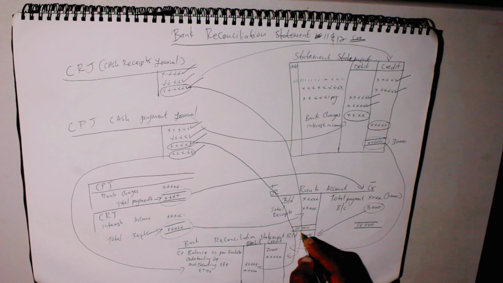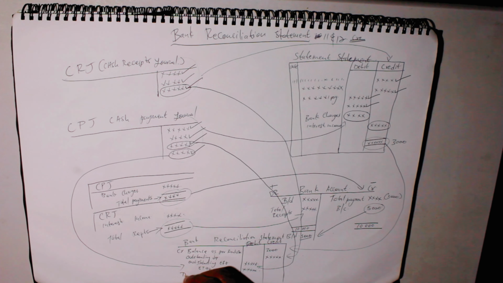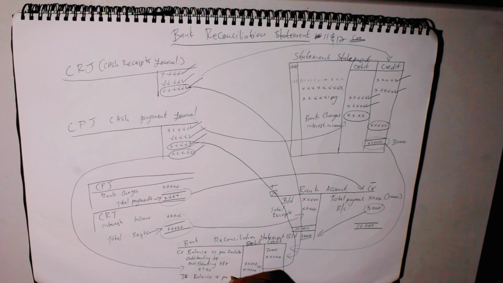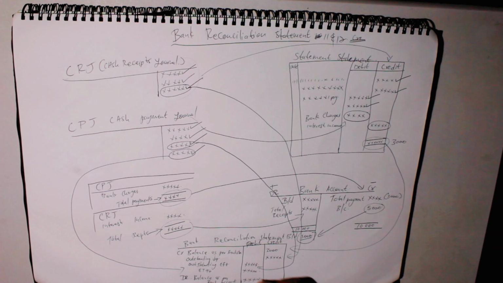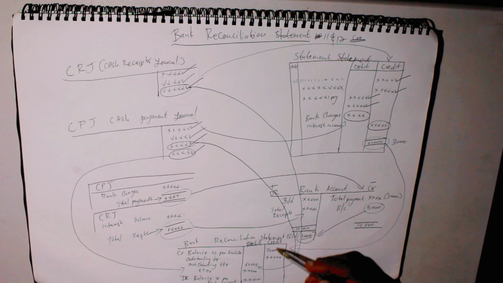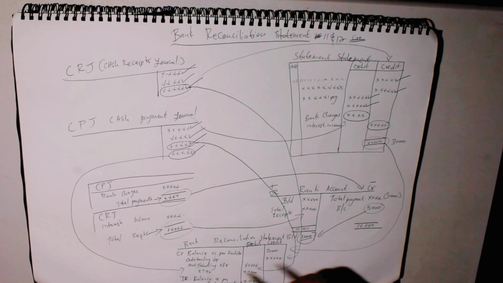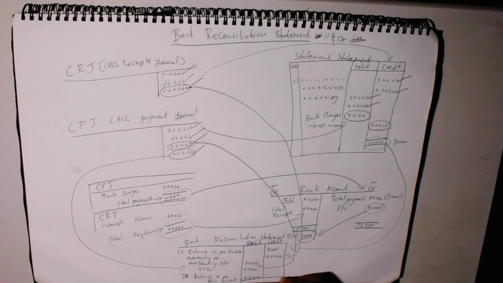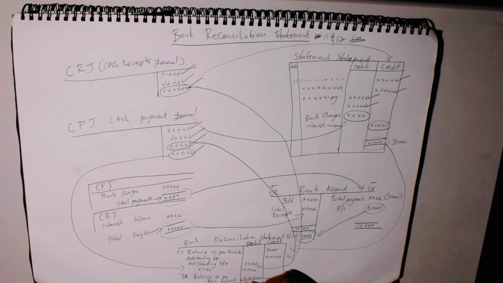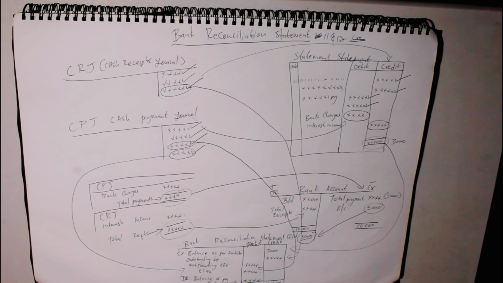So we're going to say debit balance as per bank account. This is the bank account. So we show it here. At the end of the day, when we add the credit side of your bank reconciliation and the debit side of your bank reconciliation, the amount should be the same. It should balance. The balance should be the same.